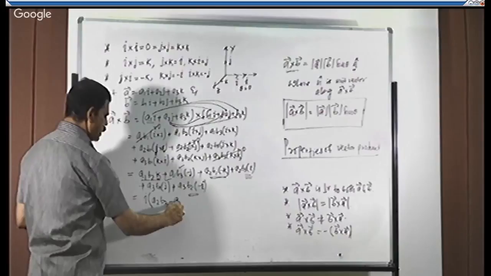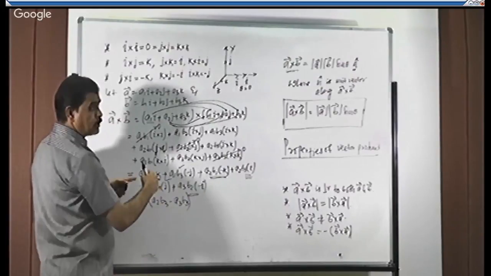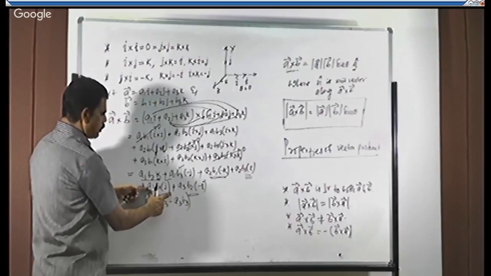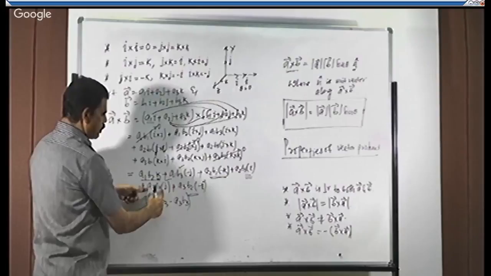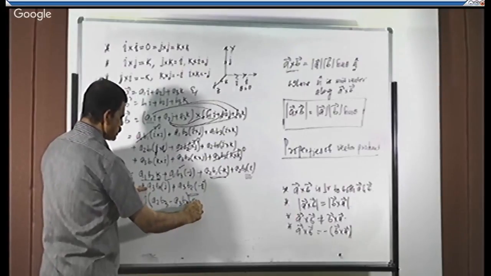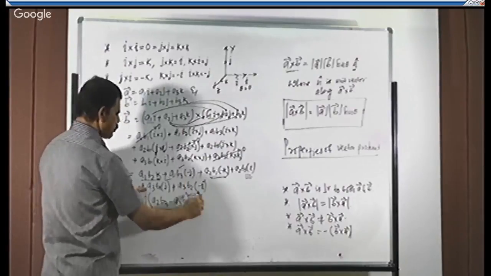Next, I am taking the J terms, these two. Here I am taking minus J common. If I take minus J common, what happens?